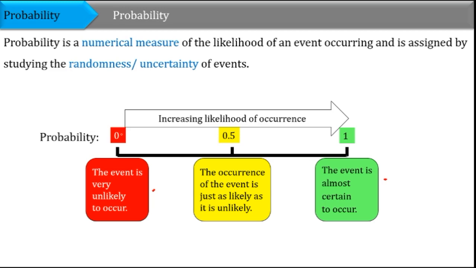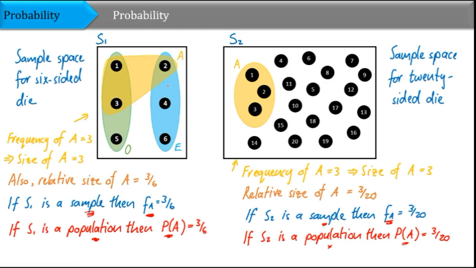And of course, if it is 0, then it's definitely not going to happen. And if it is 1, then it is certainly going to happen. And we can see over here, rolling a 6-sided die, the chance of getting one of the first 3 numbers is 0.5. Whereas over here, the chance of rolling one of the first 3 numbers is 0.15.